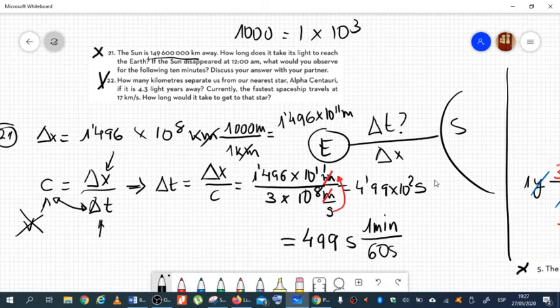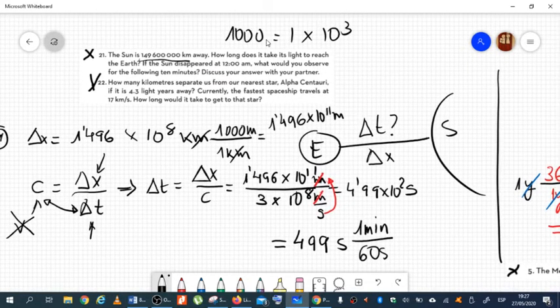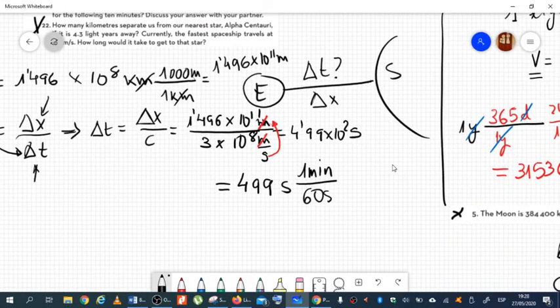We studied it during the first unit of this course, but it is so important for science that you have to get used to conversion factors and scientific notation. Divided by 60, it is equal to 8.31 minutes.